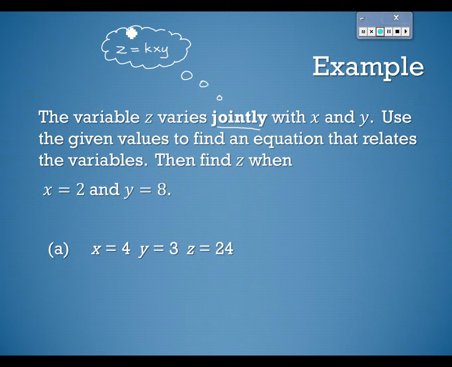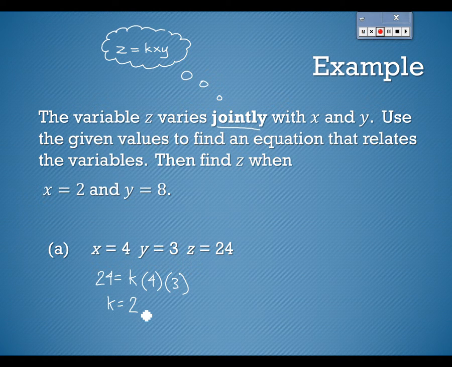That's kind of our goal always, to figure out what k is. 24 equals whatever, times 4 times 3. So can you tell me what k is? Did you get 2?